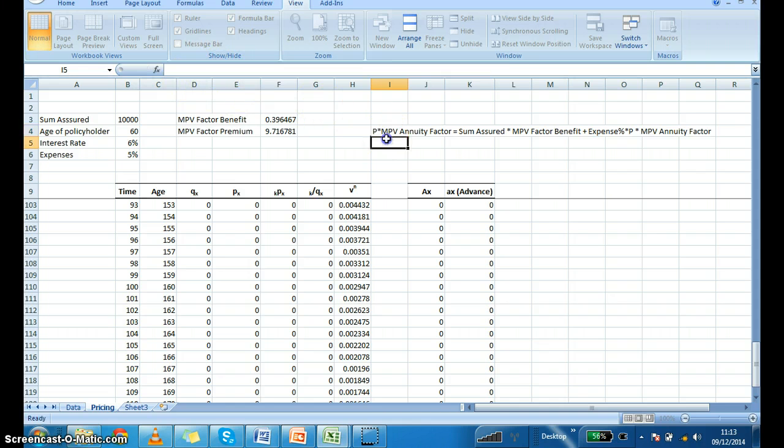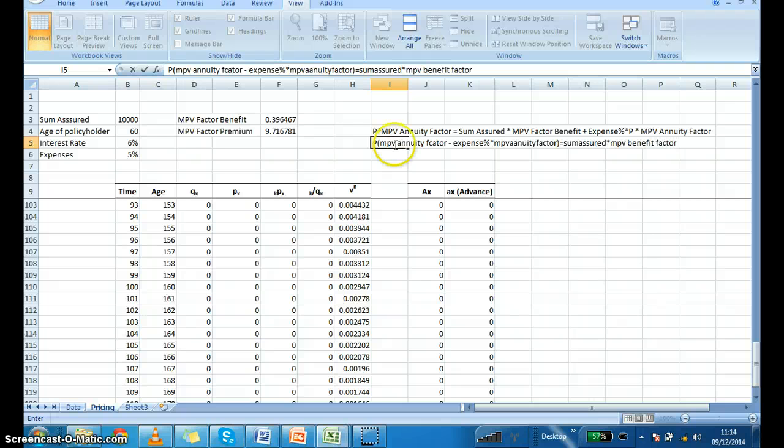If you factor out the P, you'll have P, and then in brackets the MPV annuity factor minus expense percentage times MPV annuity factor, equal to the sum assured multiplied by the MPV benefit factor.